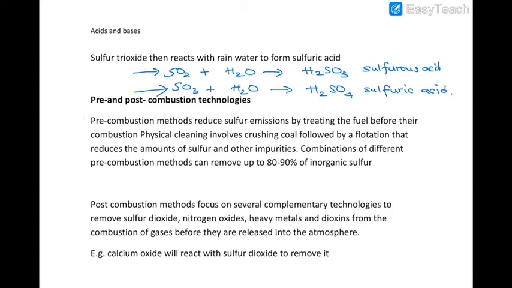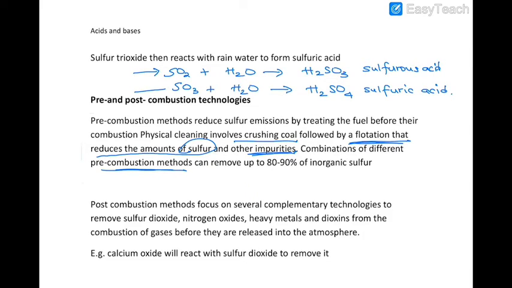You can reduce the effect of acid rain by treating the fuel first before burning it. For example, if you're using coal, you can crush the coal, then do flotation, and that flotation method is going to reduce the amount of sulfur and other impurities.